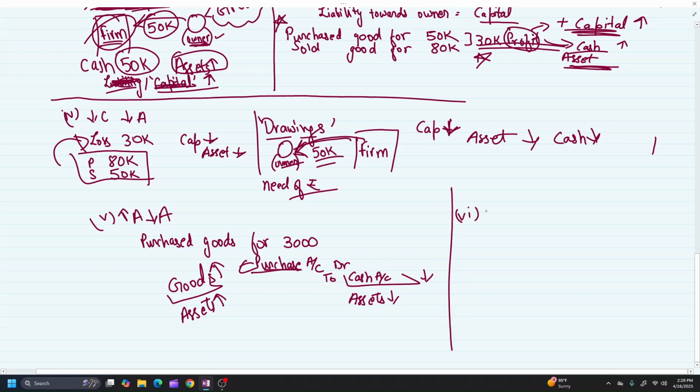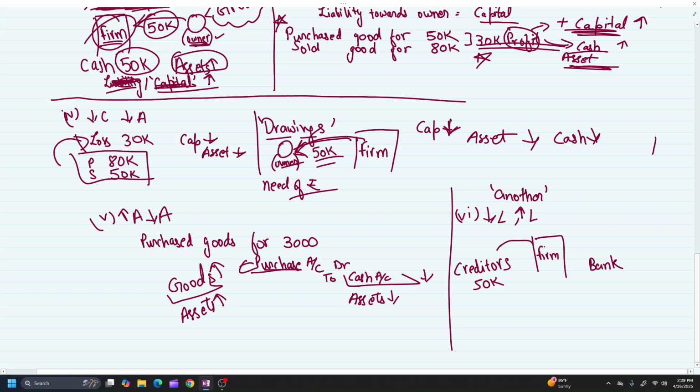Similarly, last is decrease in liability, increase in liability. It's not the same, another liability, right? So let's say increase in liability का example. This is the firm. Here you have creditors. You have to pay 50k, and here's your bank.